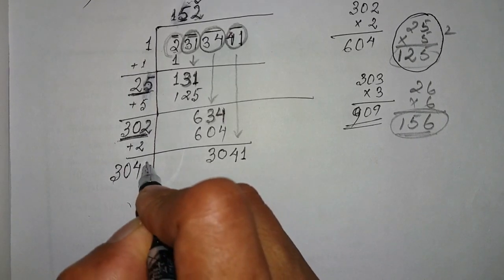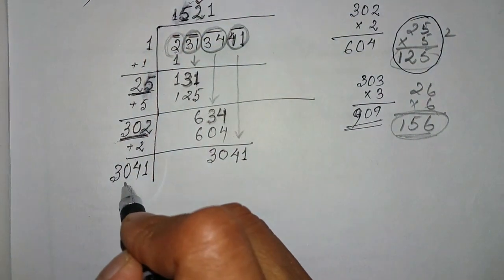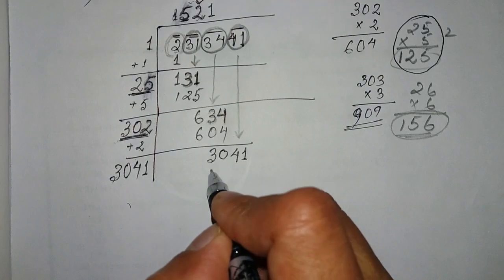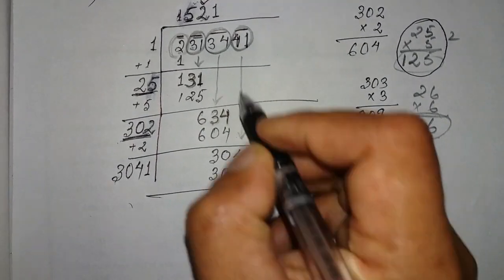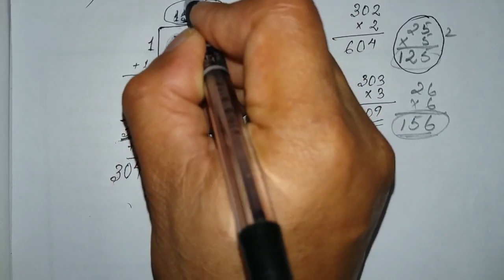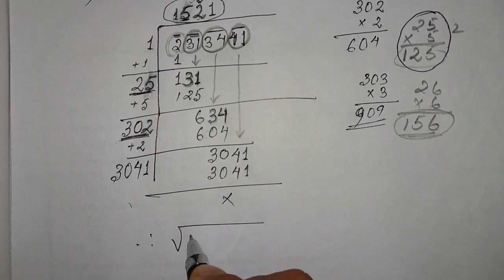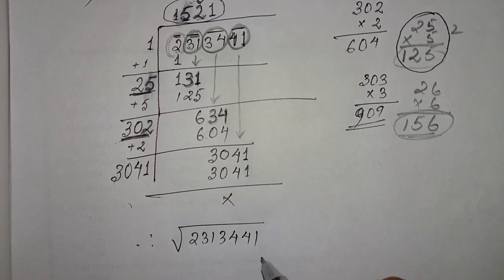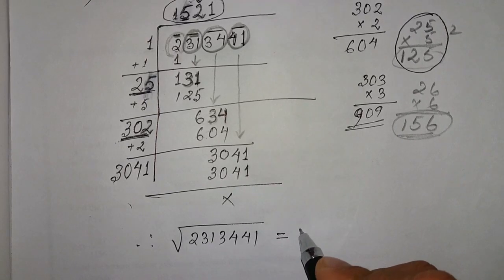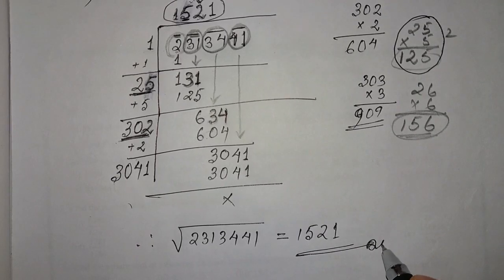So if we write 1 here, then we have to write 1 here. So 3041 into 1, you will get 3041. So this is the square root of this number. Therefore the square root of 2313441 is equal to 1521. This is our answer.